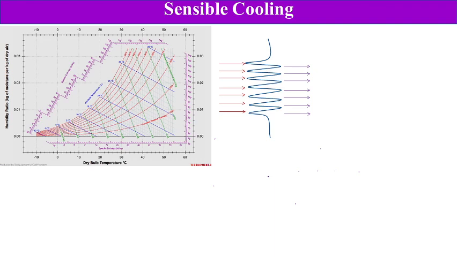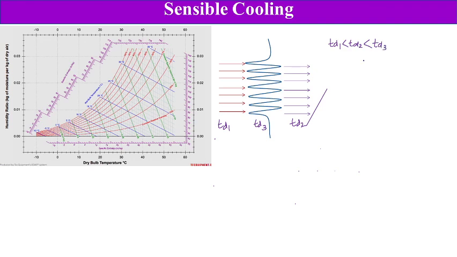So now let us consider, this is TD1, the temperature of the cooling coil is TD3, and the air coming out is TD2. What we assume is that the temperature TD1 is greater than TD2, and TD2 is greater than TD3.